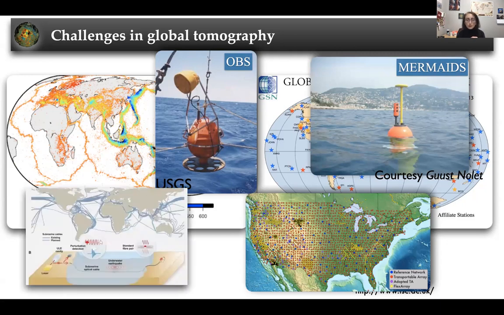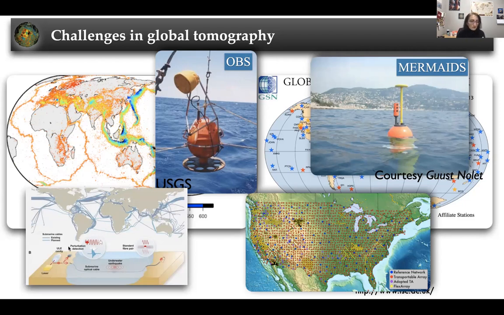We are still exploring. Or the new technology, distributed acoustic sensors, which have been demonstrated with the submarine cables and in the continents pretty nicely. This figure is from Mara et al., I'm sorry for missing the citation, showing the underwater fiber optic cables.